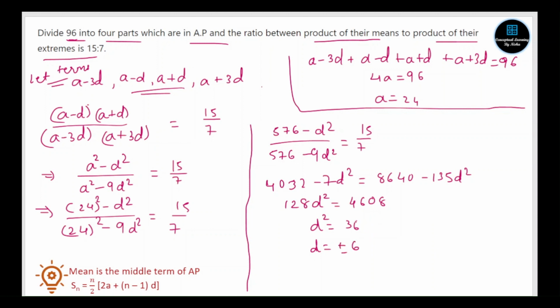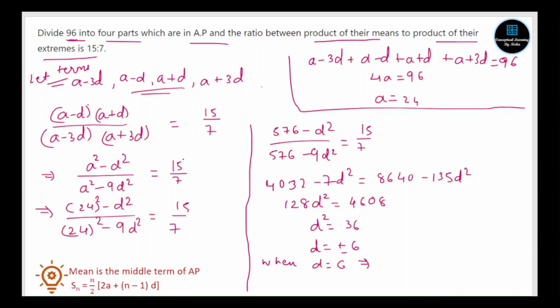Now again, you remember we have two values and we can find the terms of the AP just like the previous question. So now I'll directly write the answer, but you have to solve it on your own. When I take d equals plus 6, what are the terms here? A is 24, d is 6.